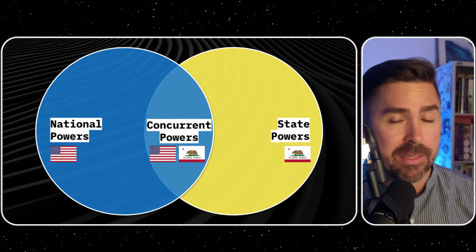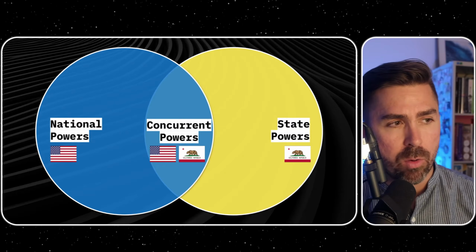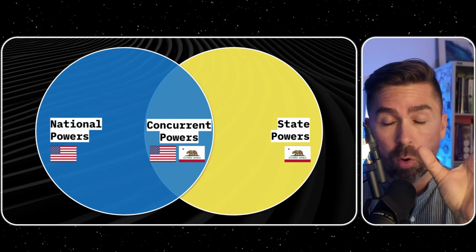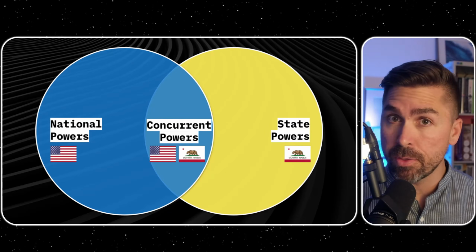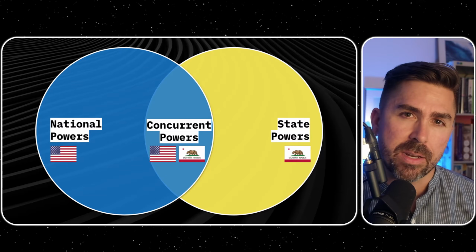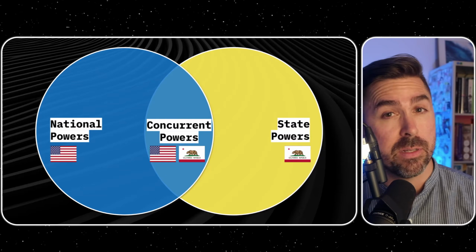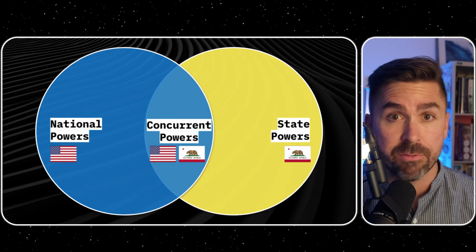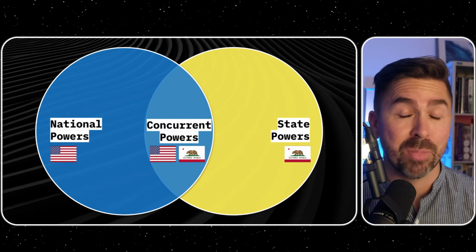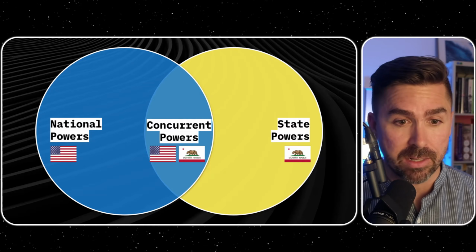And if you look at the slide there, you'll see that US flag. Now, over the next couple of slides, you're going to see either a US flag or a California flag or both in the upper right-hand corner. And that's going to indicate to us whether that's a national power or if it's a state government power, or in the case of concurrent powers, we're going to see that those are belonging to both the national and the state governments.